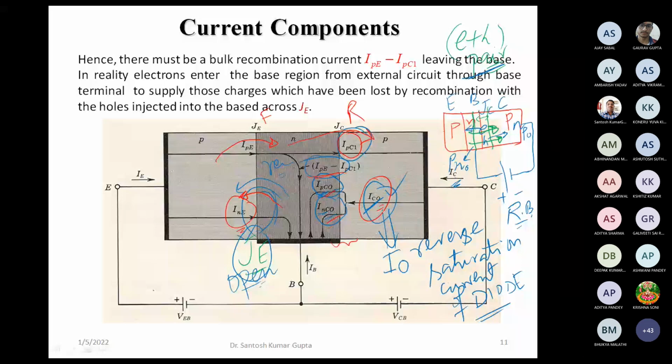So total emitter current is equal to INE plus IPE.